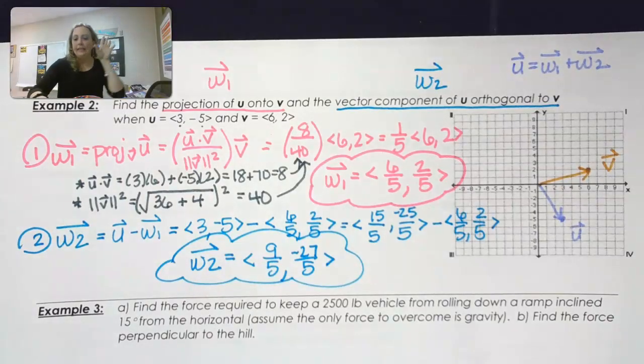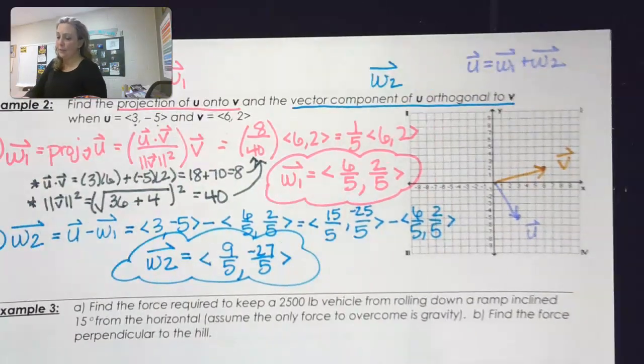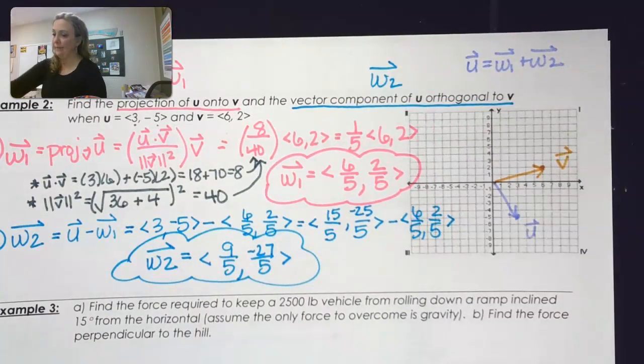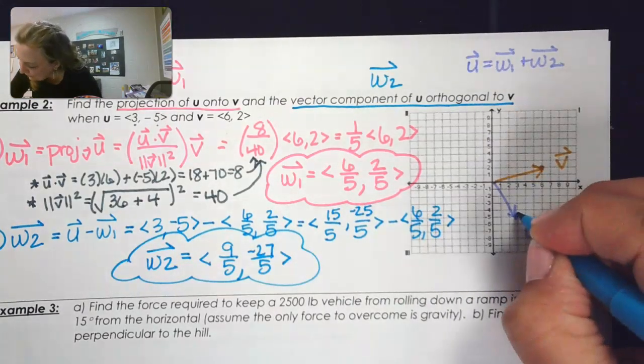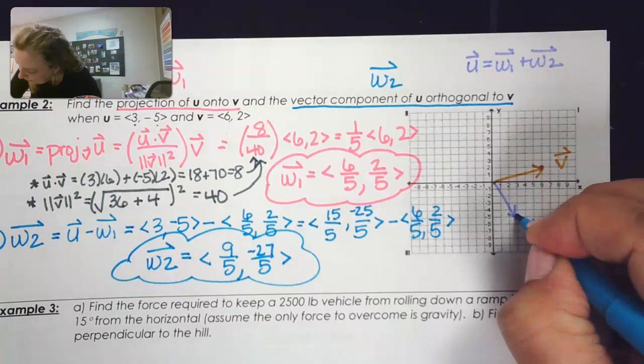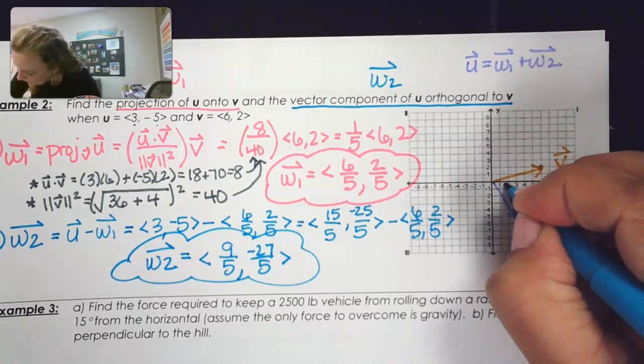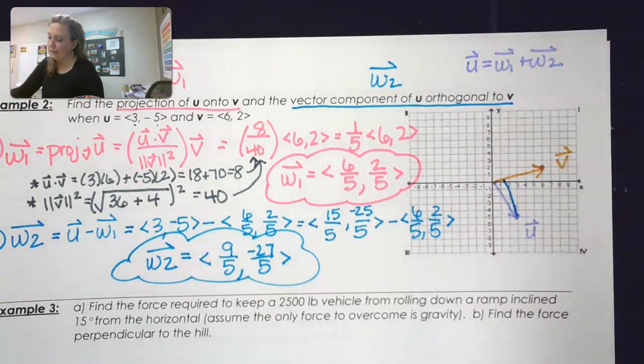Now, let's go back to that visual thinking that we were doing before, and let's see if we can draw the projection of U onto V. Okay? Again, I find it easier to start with W2, so I take the tip of the end of U and I try to make a right angle with that vector V. I probably need a bigger graph, sorry.